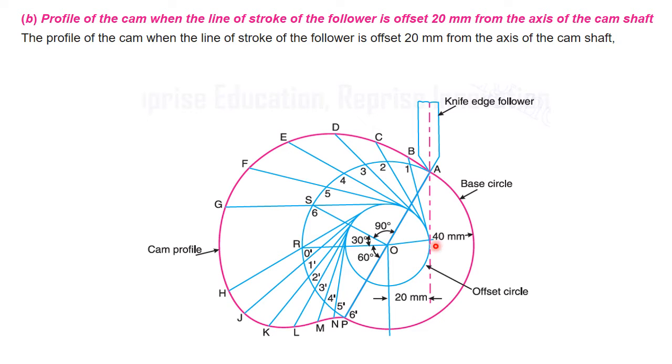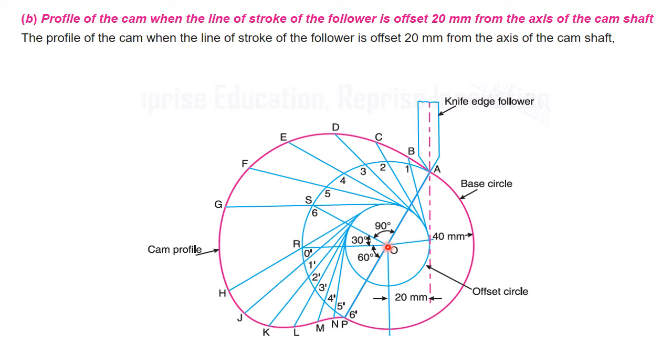Take a radius of 20 mm and draw an inner circle, whose radius is 20 mm, and draw a tangent line on that circle. Here I have shown it by the dotted line, and that line cuts the base circle at point A. Draw a knife edge follower diagram like that, and join O and A.